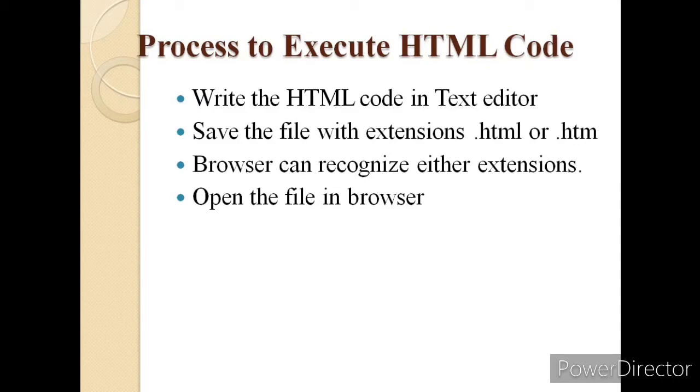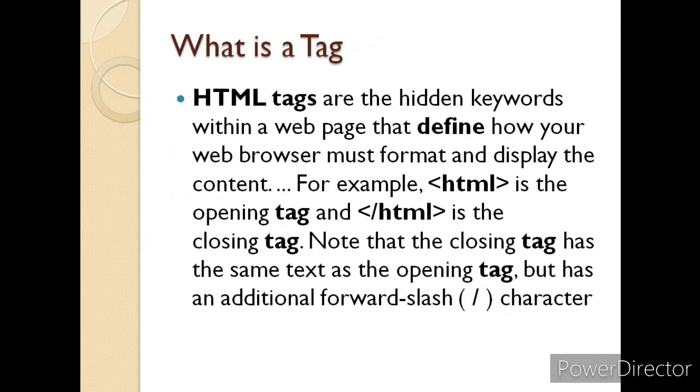The browser can recognize these extensions. After saving your file, open that file in your browser. Later, at the end of this presentation, I will show you how to save it and give you one sample code.